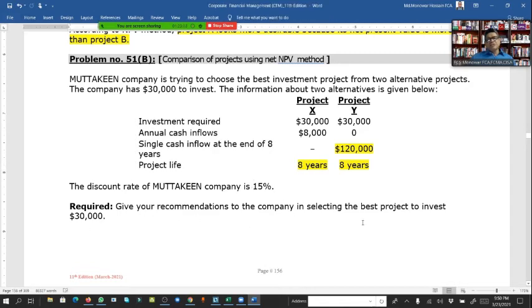Give your recommendation to the company in selecting the best project to invest 30,000. Though the company has only 30,000 for investment, we have to choose which project to accept, X or Y.